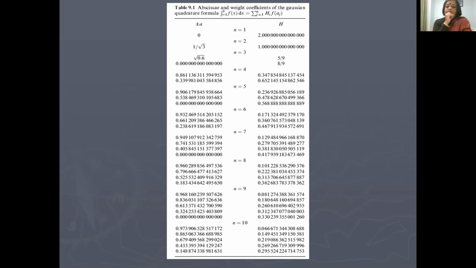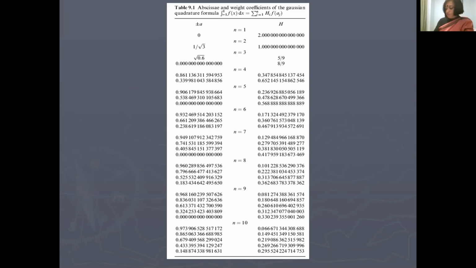When n is equal to 2, it will have 4 terms. I am only considering one dimension now: minus 1 to plus 1 of f(x) dx. So there can only be 2 terms, because you have 2 points. So this will be f evaluated at 1 by root 3, its weight is 1, plus f evaluated at minus 1 by root 3.